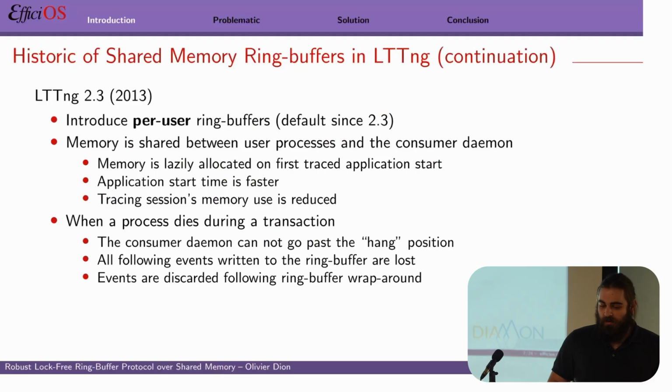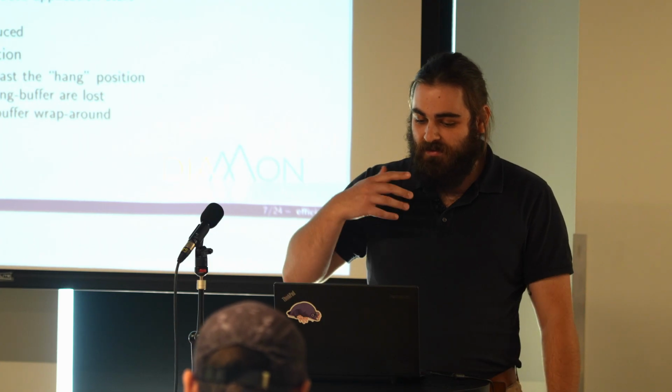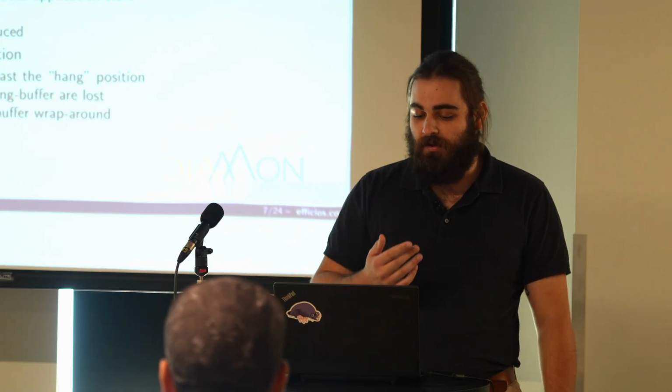In 2.3, we introduced the per-user ring buffer, and it's been the default since. So instead of allocating this for every process, we allocate a ring buffer for the user, and this can be reused across processes. This has many advantages: the memory is lazily allocated on first traced application start.